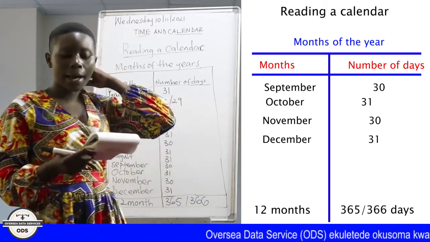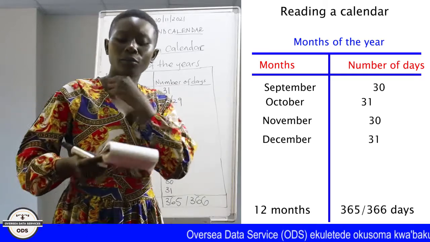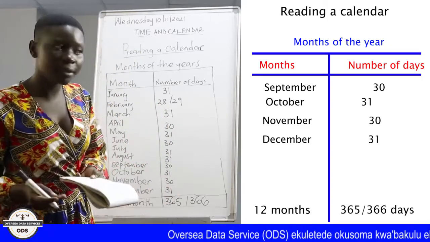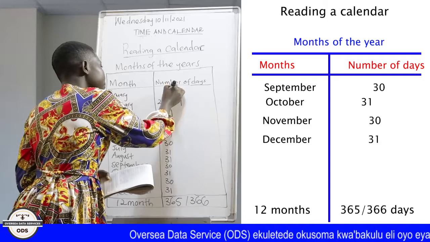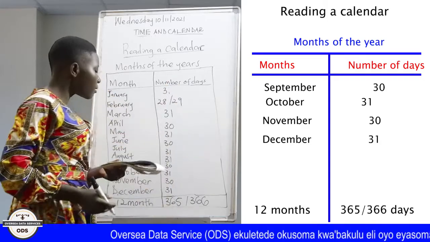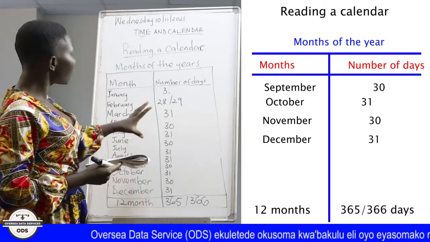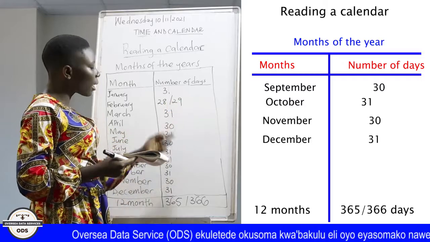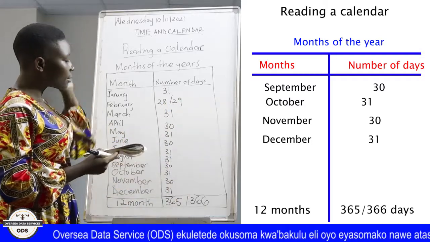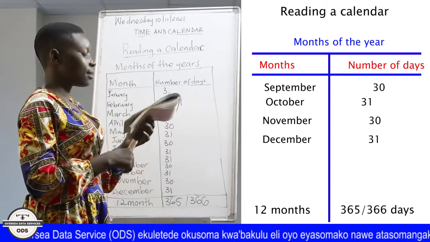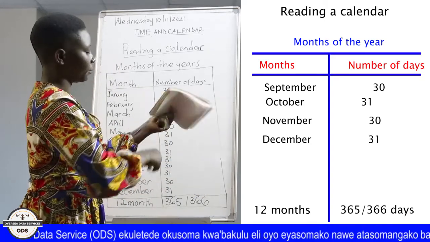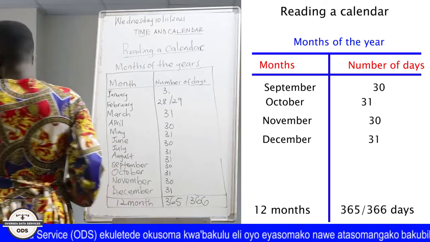But in a leap year, when February is having 29 days, we call it a leap year. When February is having 29 days in a leap year, we have 366 days, as we have seen.